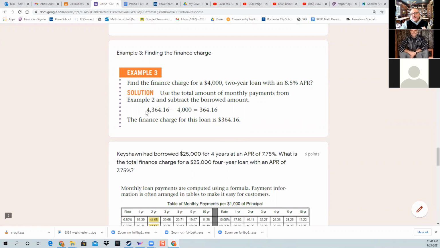Because the difference between what you paid and what you borrowed is all the money on top of the money you borrowed, right? So the finance charge in this situation is going to be $364.16. They just took the total amount that was paid, subtracted how much was borrowed, and the difference between those two things is the finance charge.